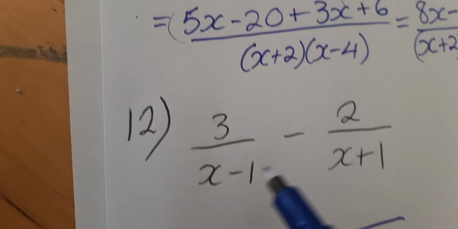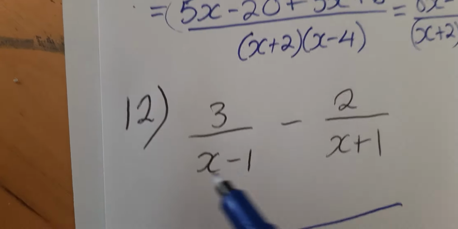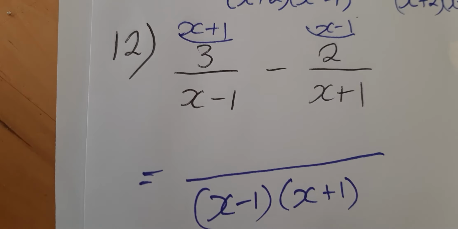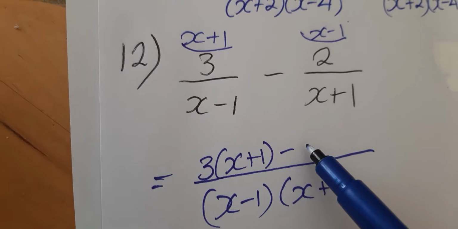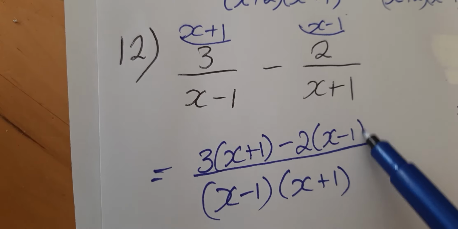So it's just two different things, so I put them both underneath. Right, so x minus 1 times x plus 1 will give me that numerator. X plus 1 times x minus 1 will give me that denominator. Okay, so we're trying to get the denominator by looking at the denominator here and comparing it to this one. So we have 3 times x plus 1 minus 2 times x minus 1.